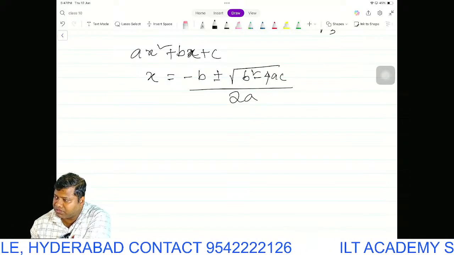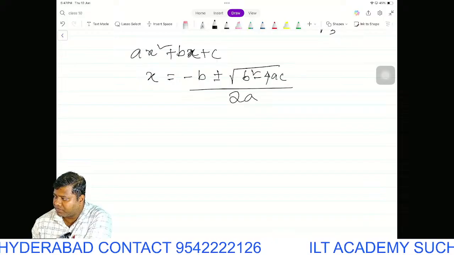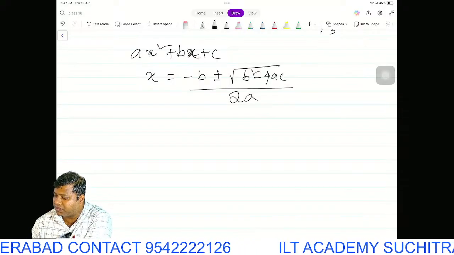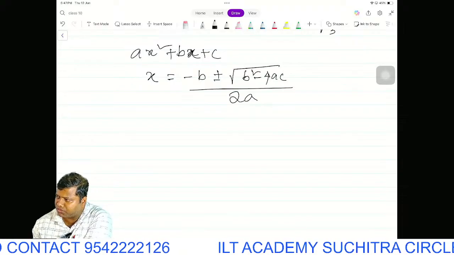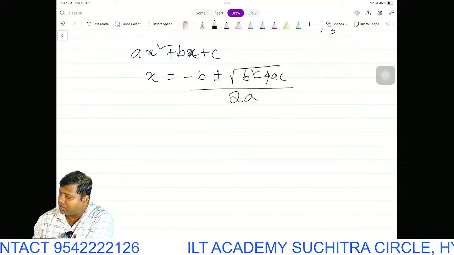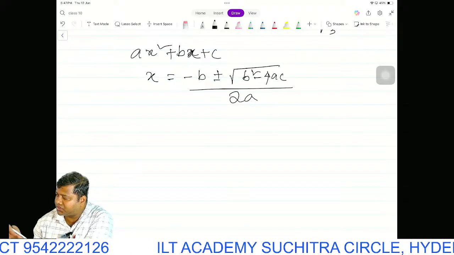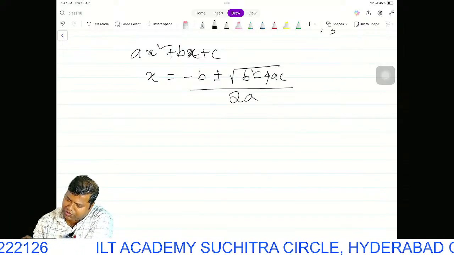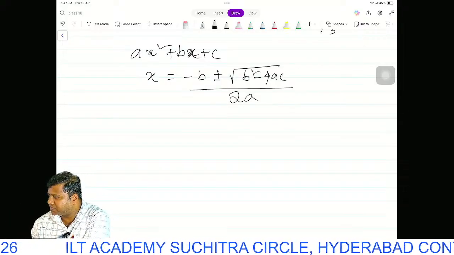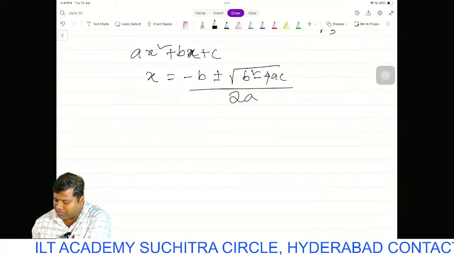Just make a note of it. Those who don't know, just make a note of it. You will be learning this in quadratic equation only. You can apply this in quadratic equations and in polynomials also to get the zeros. How?